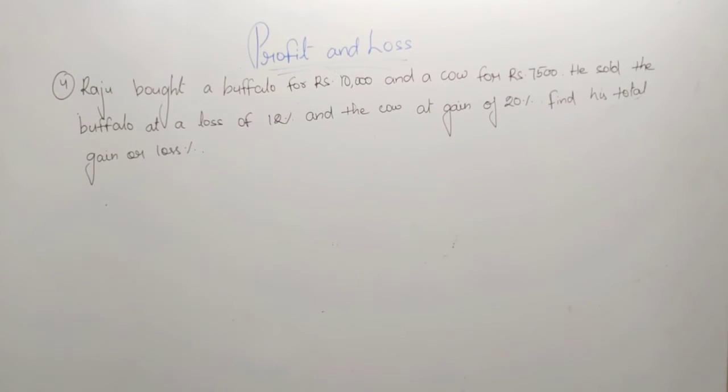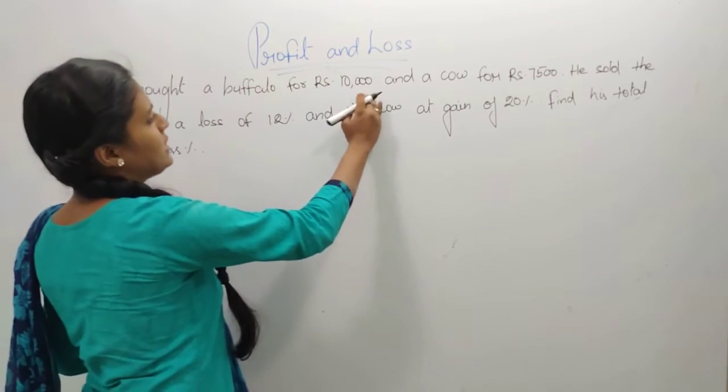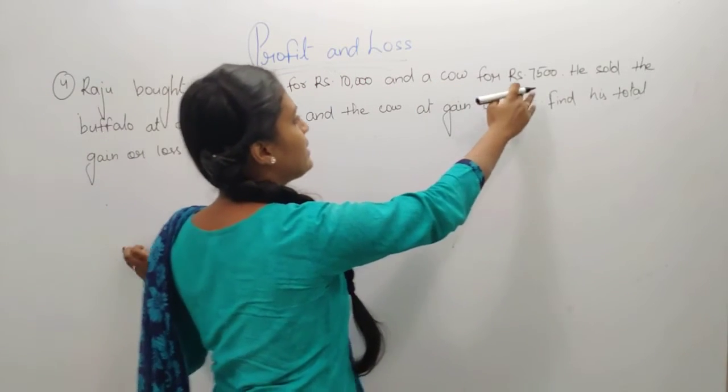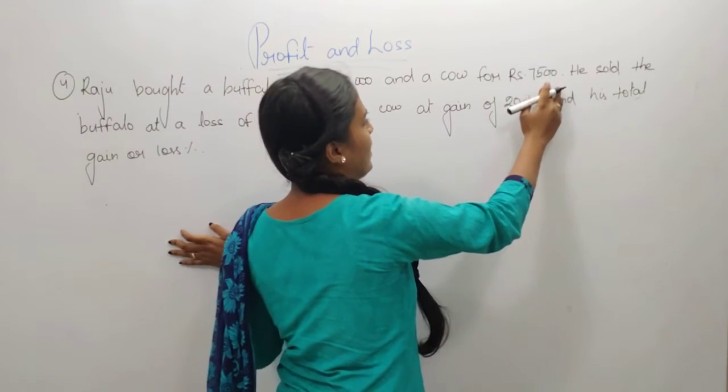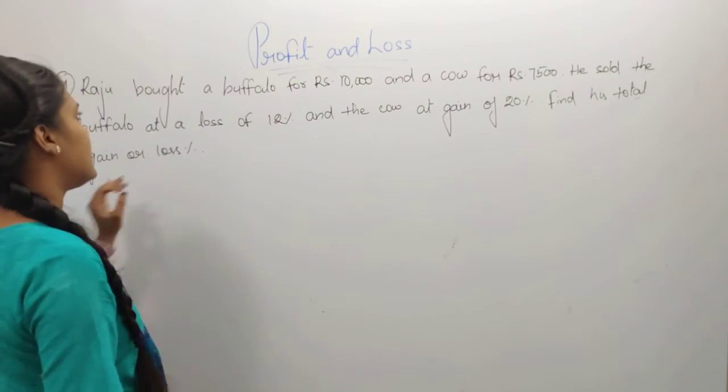Okay, see the next problem. What is given in the question? Raju bought a buffalo for rupees 10,000 and a cow for rupees 7,500, and he sold the buffalo at a loss of 12%.